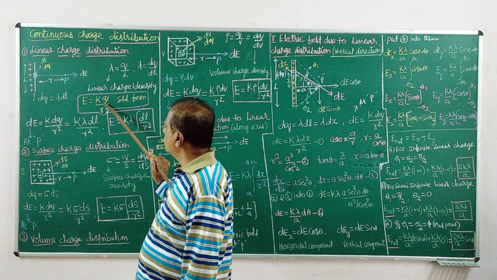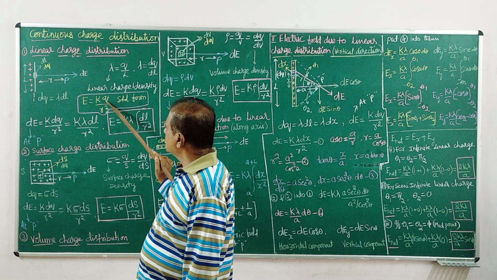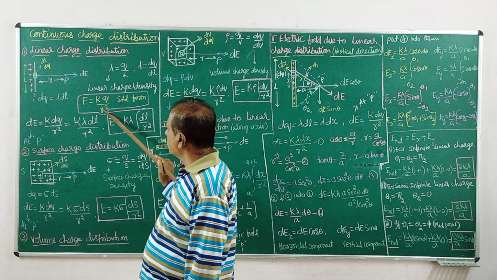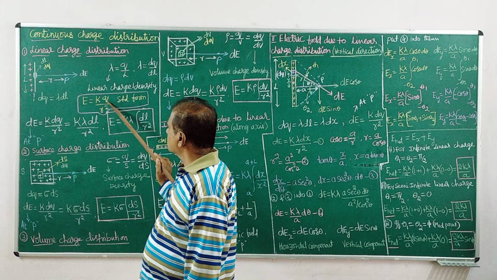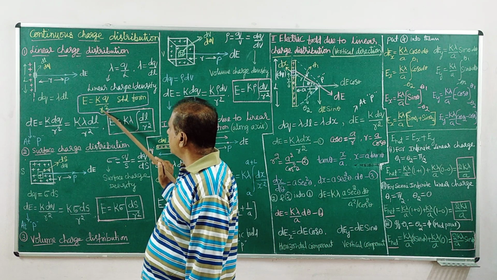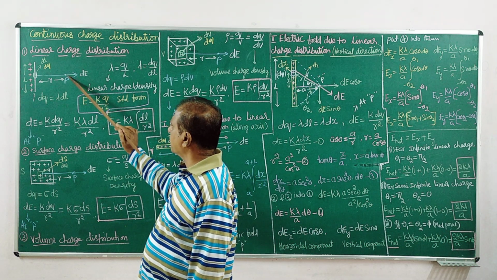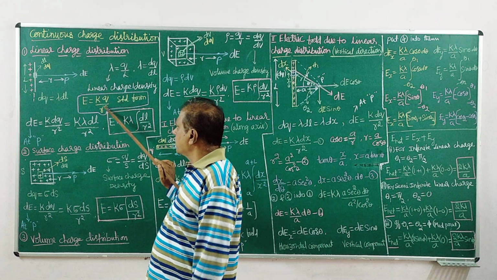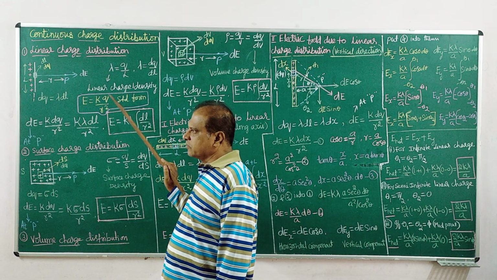constant into the amount of charge which is at a distance of r from the point. That is the electric field at this point. That is a standard formula. It is a known definition for electric field, mathematical definition.